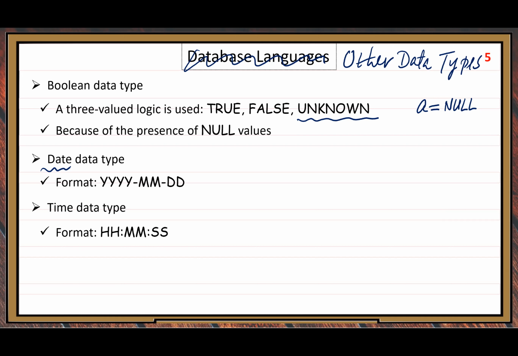Then date and time. Sometimes people want to combine these 2 types as one integral type. So they call it the date-time format. The name of the data type is called DATETIME. Okay, date and time.